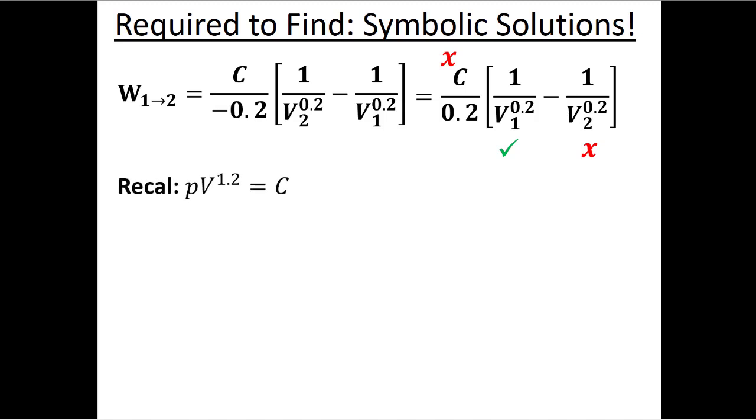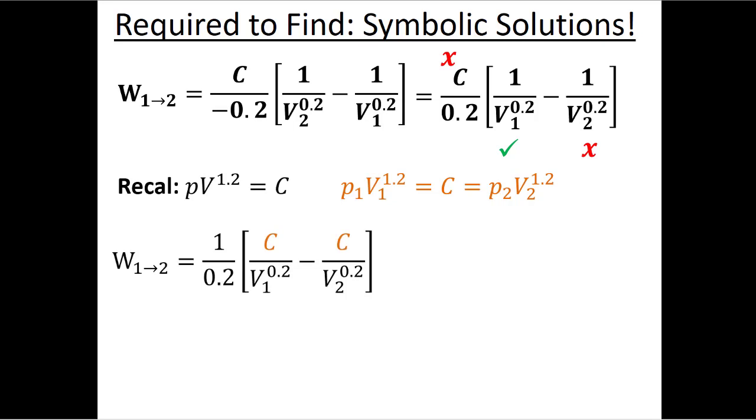Here you might remember that the problem tells us that P times V to the power of 1.2 is constant. And if that's true, then that means P1 times V1 to the power of 1.2 is equal to that constant C. But that constant C is also equal to P2 times V2 to the power of 1.2.